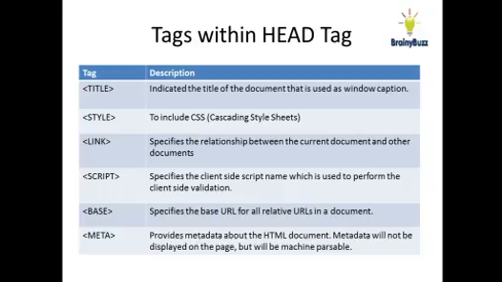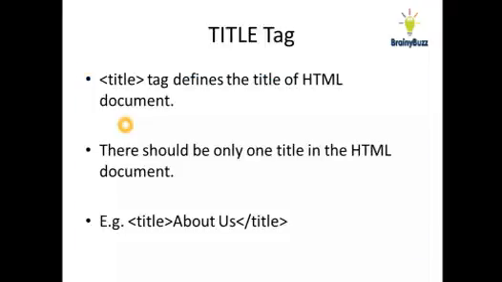The title tag you have already seen; it just provides the caption of the window of your web document. The other tags are style, link, script, base and meta. We'll cover them one by one. The title tag you have seen.